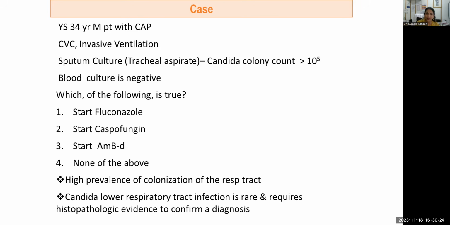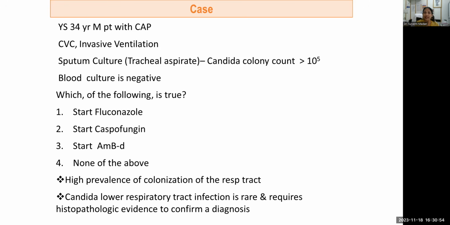So as I was saying, the presence of Candida in cultures of patients who are in ICU, either from respiratory tracts or from urinary tracts, especially the patients who are catheterized or who have endotracheal tubes or tracheostomy, the prevalence of colonization of these tracts is extremely common. And Candida lower respiratory tract infection is a very, very rare entity, and it actually requires histopathological evidence to confirm a diagnosis.